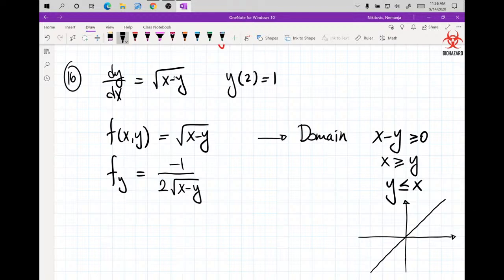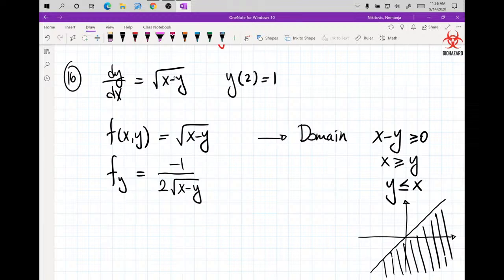Let's say you pick this value here. This is (1, 2). Your x is 1, your y is 2. Your y is bigger, but you need a smaller y. That means we are shading the United States. So that's your domain. You can quickly check which way the inequality goes. So we are shading this.